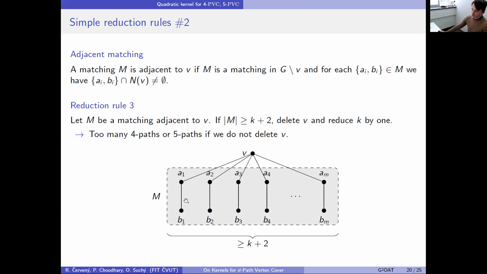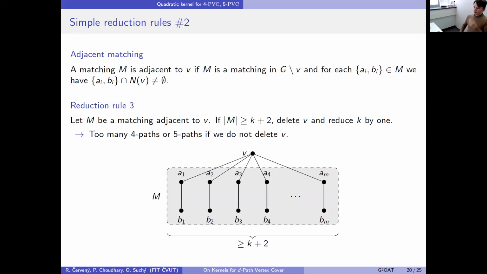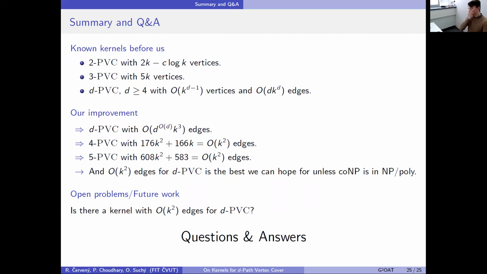We were trying to, instead of a matching, just use some maximal path packing, again with some edge sensitivity. But if you do that, then you lose this nice structure in the set X, or the structure becomes so rich that it's difficult to argue about it. So that's the obstacle, and that's also the obstacle that prevents us from moving to general d. Thank you for the question.